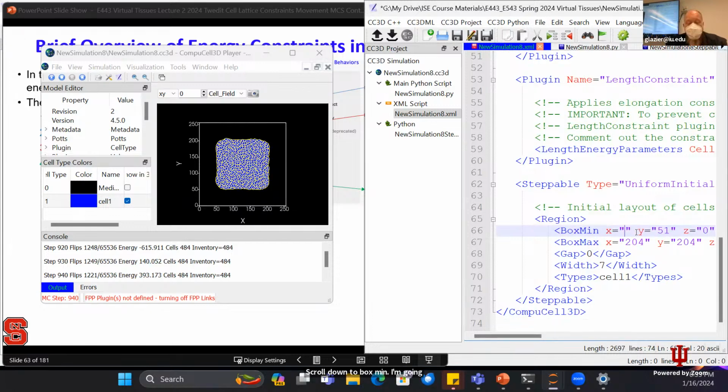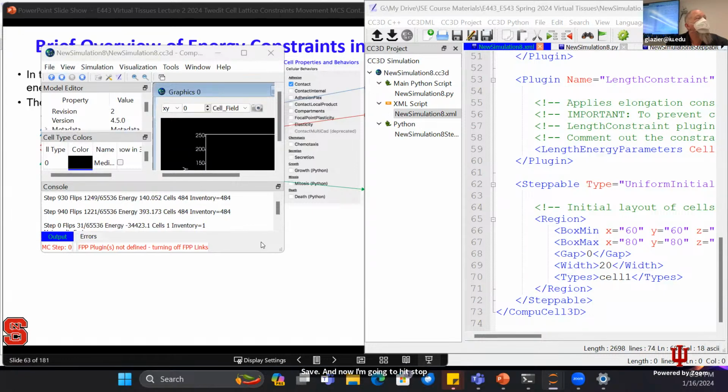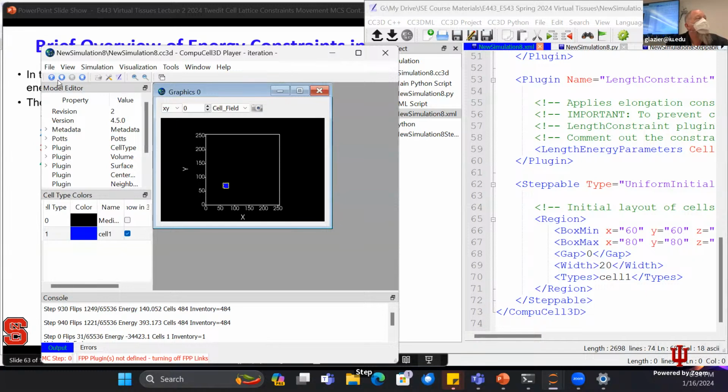I'm going to make that 60, 60, 80, 80. Width is 20. Save. And now I'm going to hit stop, step. And now I should have one cell.